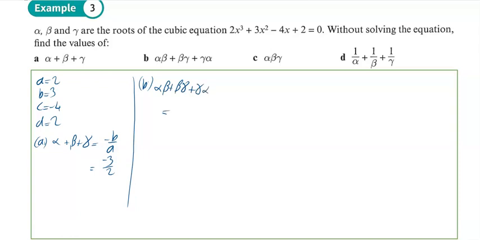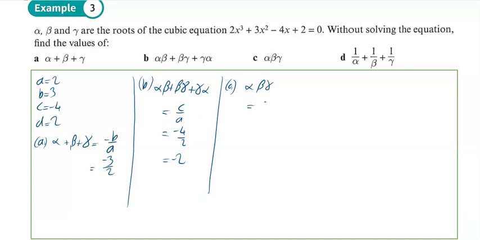And this is going to be equal to c over a. Just remember here it was minus b, so it becomes positive c, and it's always over the a. Then we just put that in and see what we get. Your c was equal to minus 4, your a was 2, so that's just going to work out nicely as minus 2.